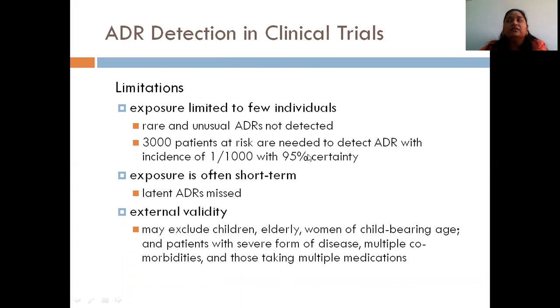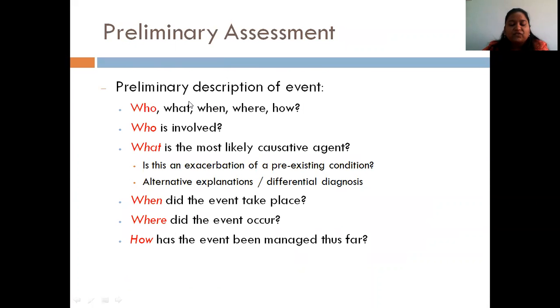So a proper variety of patients is not included in the clinical trials. That's why some adverse drug reactions remain hidden during the clinical trials. So these are the limitations.